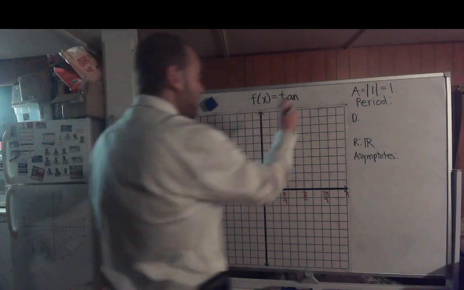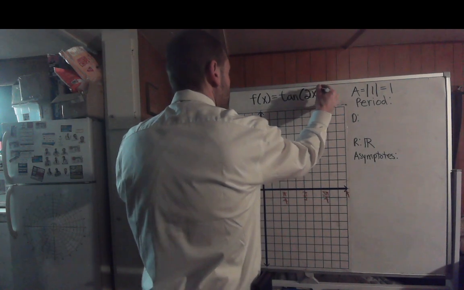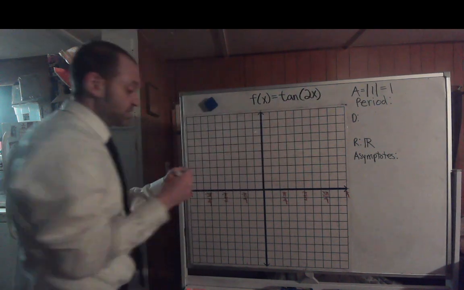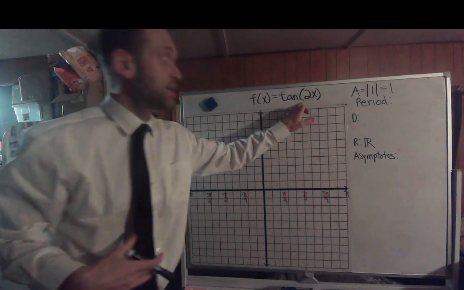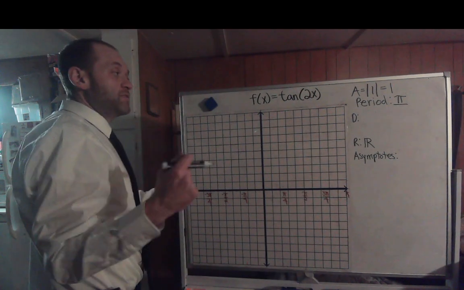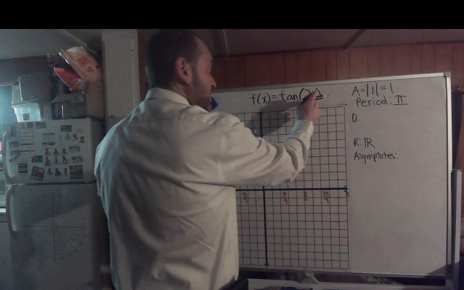Let's say we have something like the tangent of 2x. So now all of a sudden you have a coefficient on the x. Well, your normal period is pi. To find your period, really it's going to be the period divided by that coefficient on the x. So in this case, you'll have a period of pi over 2.